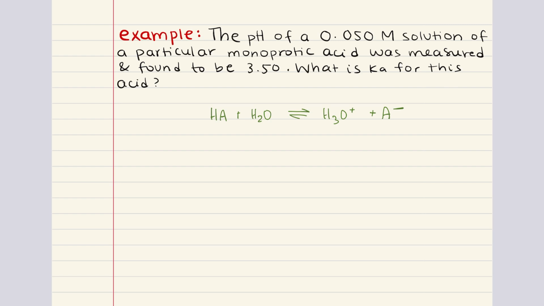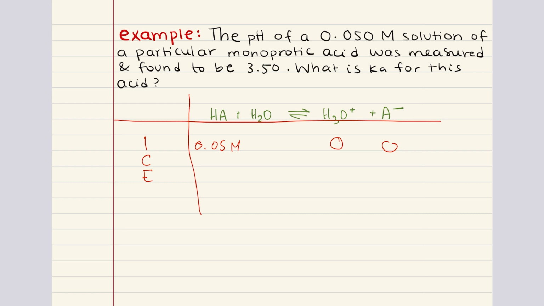I stands for initial concentration, C for change in concentration, E for our equilibrium concentrations. Now, starting off, we have 0.05 molar of our monoprotic acid. Now, this acid hasn't dissociated in solution yet. That means our concentration for our hydronium ion and our conjugate base is 0.